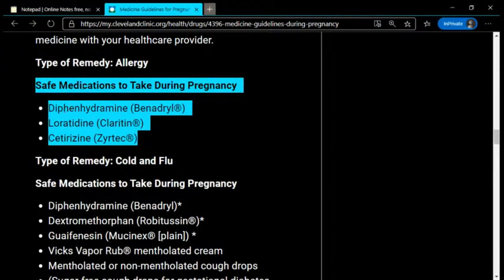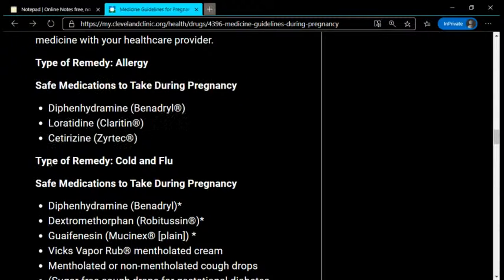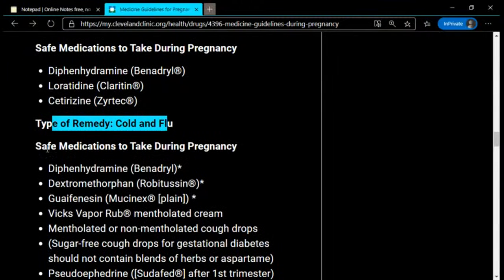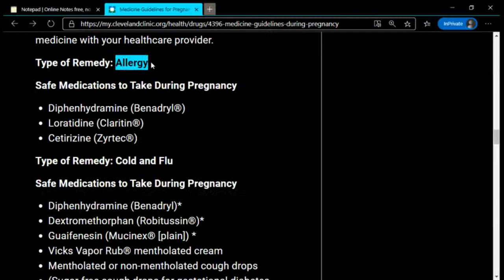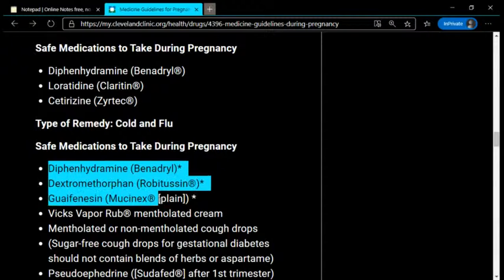Cold remedy or type of allergy. Cold and flu. These are about allergy and these about cold and flu.